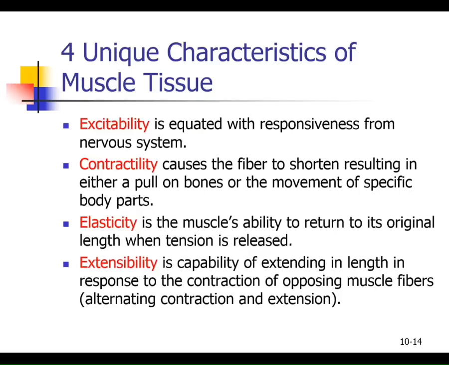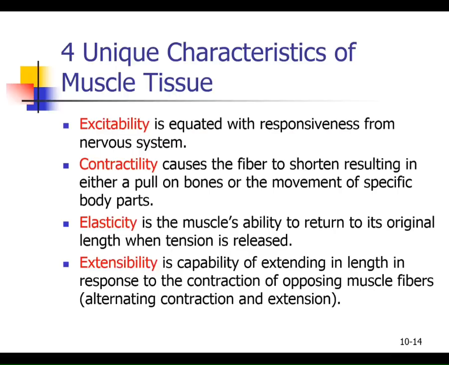The 4th characteristic of skeletal muscles, though, and this one gets a little bit confusing, is that they are also extensible. So as I am squeezing, contracting my biceps brachii, what other muscle is kind of going along for the ride and is getting extended? The triceps, right? The triceps brachii is actually being extended.